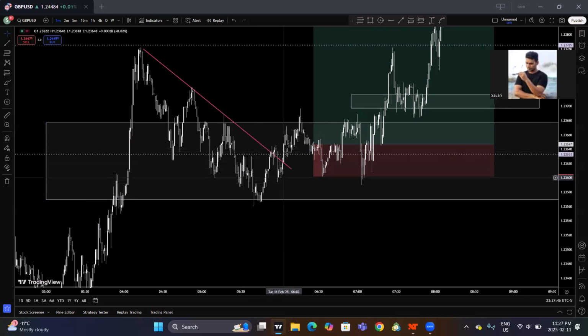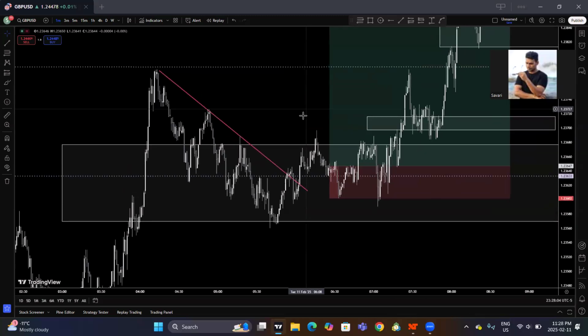Print a high, print a low, print a high, print a low. As soon as this internal gets swept, big displacement to the upside, this gap gets run through, breakout structure goes higher, comes down, taps this area, and continues to go higher. This is exactly what happened, but I couldn't recognize that in 1 minute.